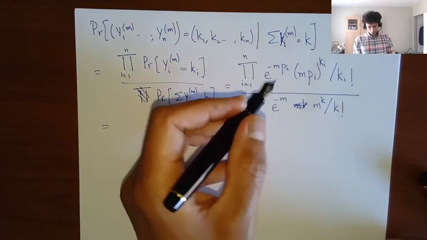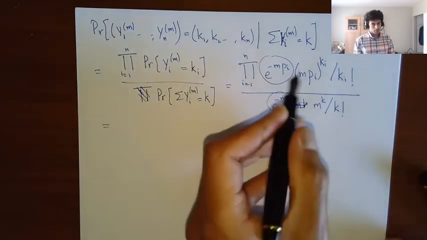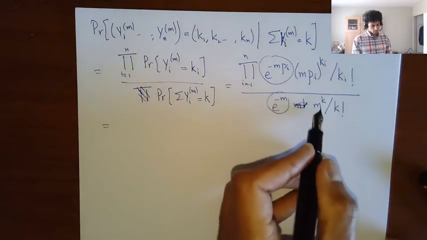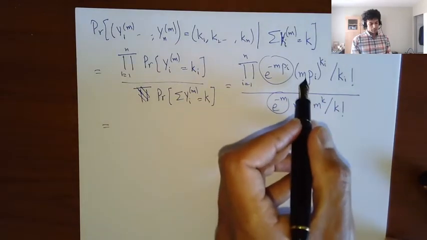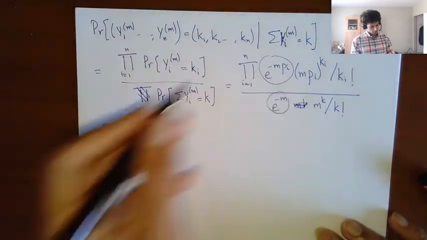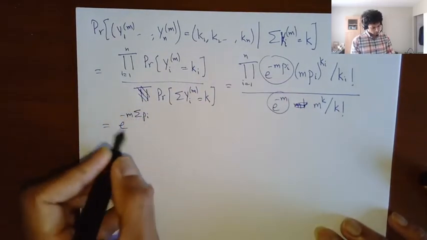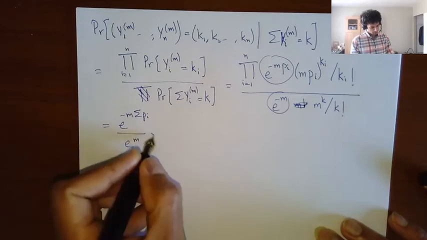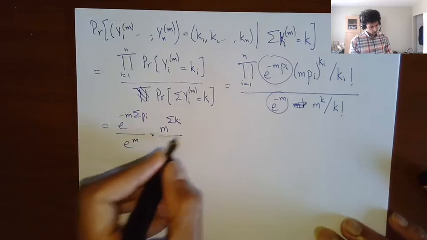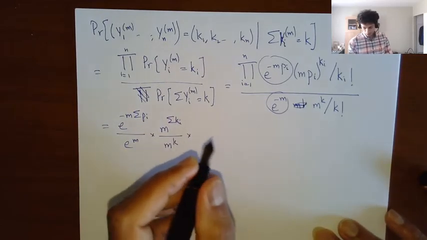What you'll see is that this cancels out with all of this, because the summation of pi is equal to 1. The m to the k will also cancel out with the m to the k over here, because what you'll get is e to the minus m times summation of pi, divided by e to the m, times m to the summation of ki divided by m to the k, times what we had seen earlier.